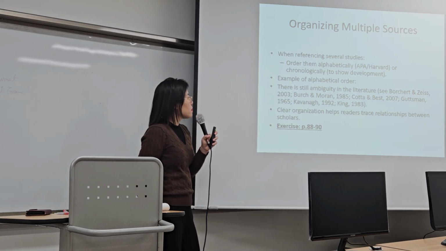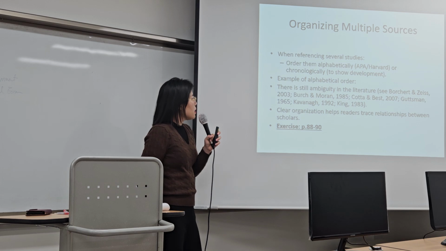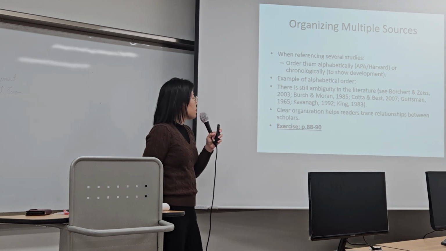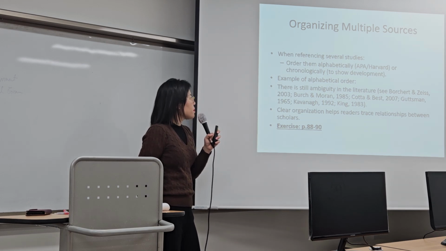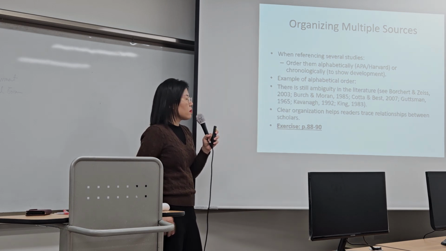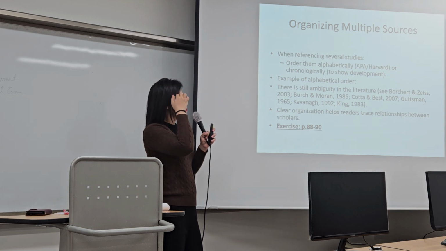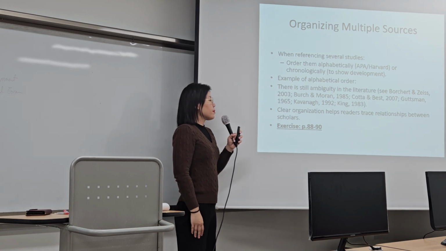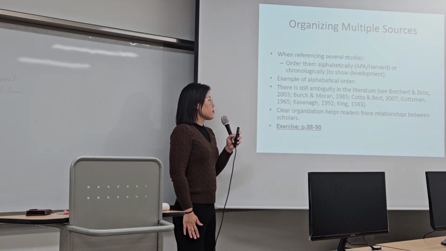See Borchert, 2003; Birch and Moran, 1985; Kana and Best, 2007; Gutzman, 1965; Kamenek, 1992; King, 1983. Clear organization helps readers trace the relationship between scholars.